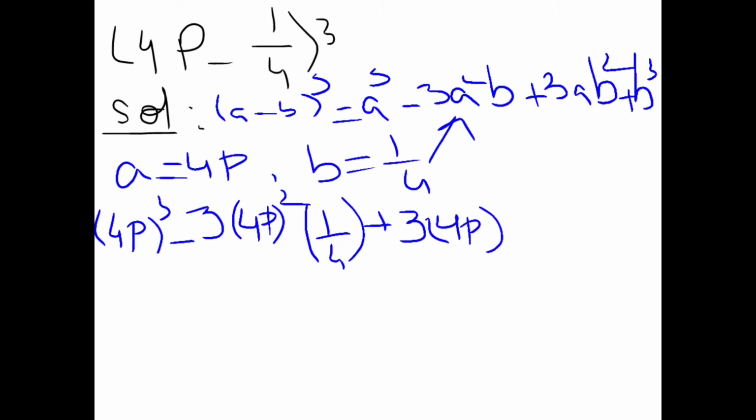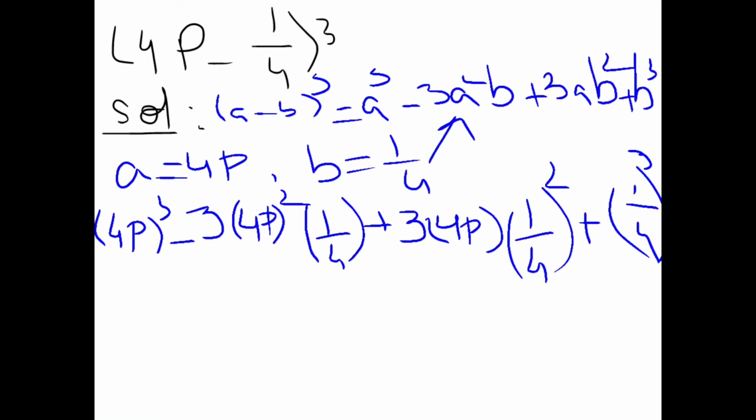And then what comes in the formula? b square means 1 upon 4 square. Then plus b cube means what? 1 upon 4 cube. One upon 4 whole cube.